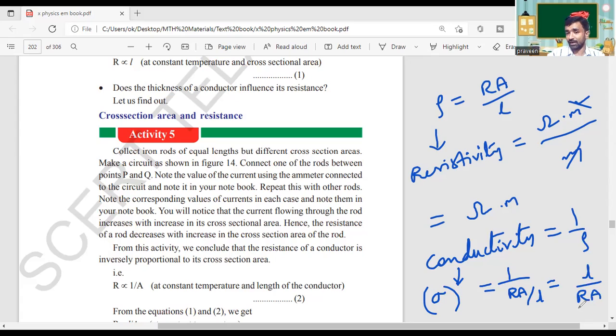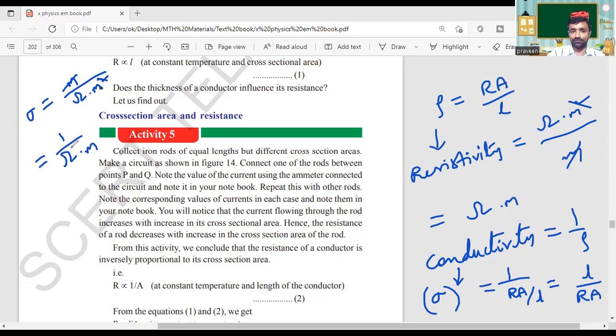So here, the units of conductivity: substituting L in meters, R in ohms, and cross-sectional area in meter square, meter cancels, and what remains is 1 by ohm meter.